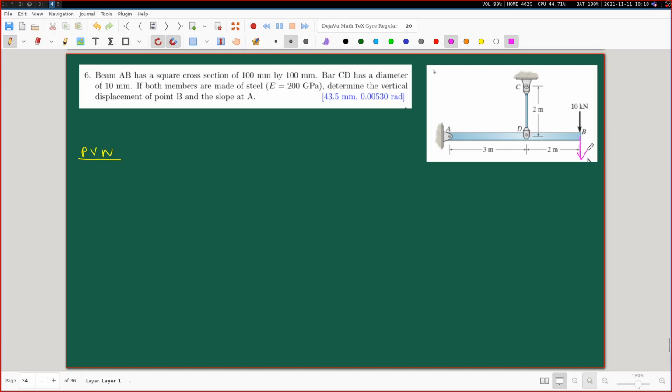Something like this. Okay, we will apply our delta P here. This delta P, of course, is going to be equal to 1 Newton, or 1 kilonewton, something like that.